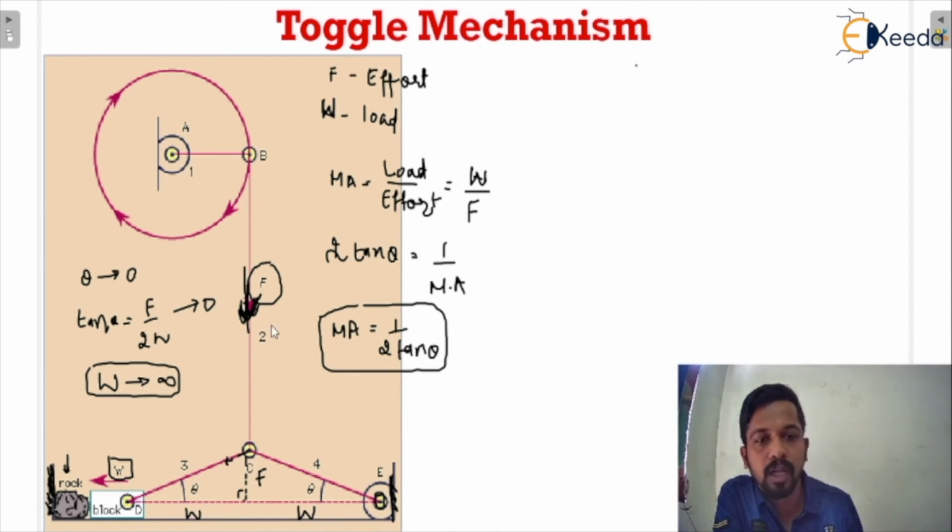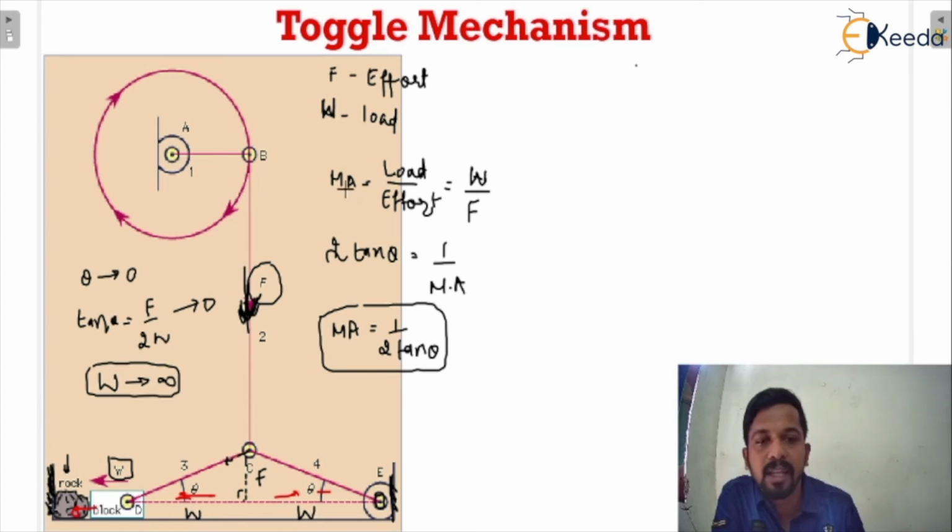So as you make the effort in the downward direction, there will be a generation of force, or you can say generation of load. The load will be applied in this direction basically. This end is fixed, so it will not move, but the block can be moved in order to break the wall completely.